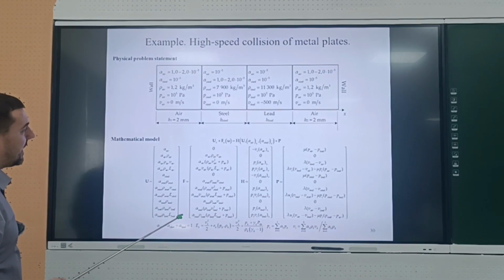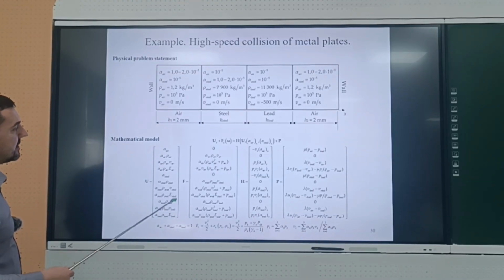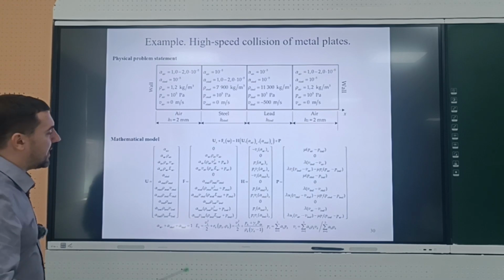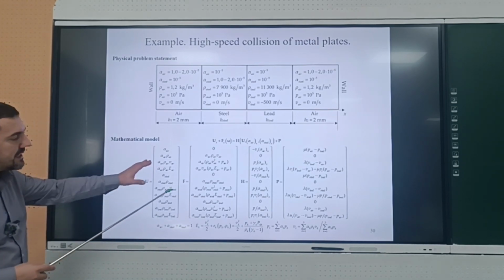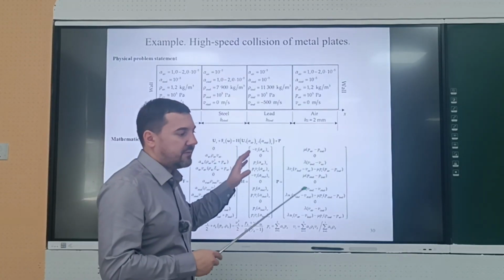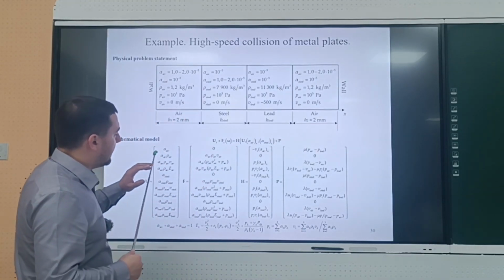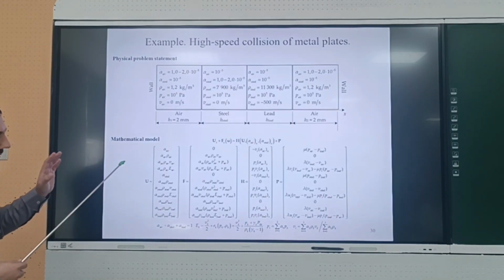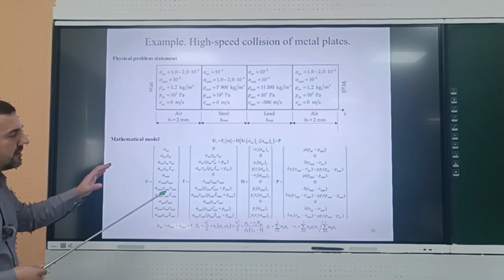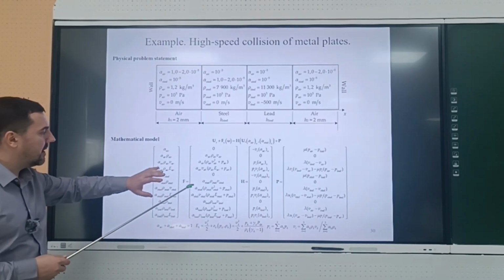And how can we describe this? This model is called the Baer-Nunziato equations. This is an example of hyperbolic equations of multiphase theory, an example of a very complex hyperbolic model. One of the important things is that this model is hyperbolic.